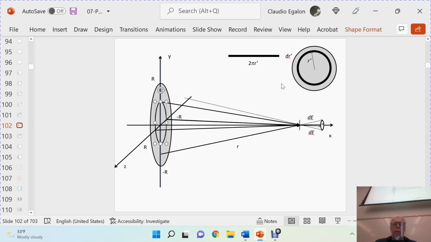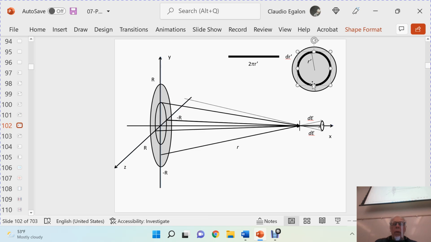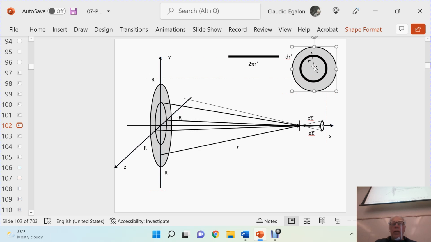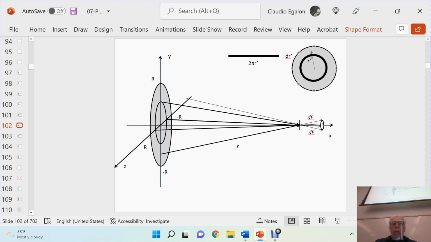I can even decrease the size of the infinitesimal ring. That's the other infinitesimal ring with a different r prime. Notice that now the r prime is changing as we integrate throughout the whole disk.